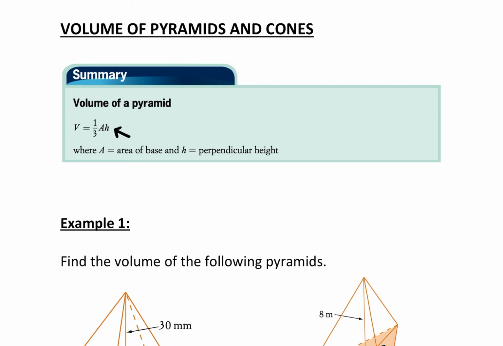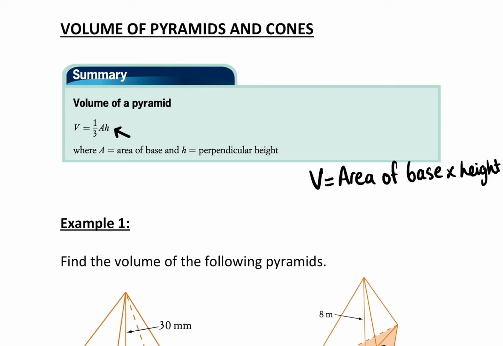And where have we seen this before? This looks very familiar. It's almost the same as the formula for finding the volume of a prism. The formula for finding the volume of a prism is V equals area of base times the height, the perpendicular height. The height that's perpendicular to the base.